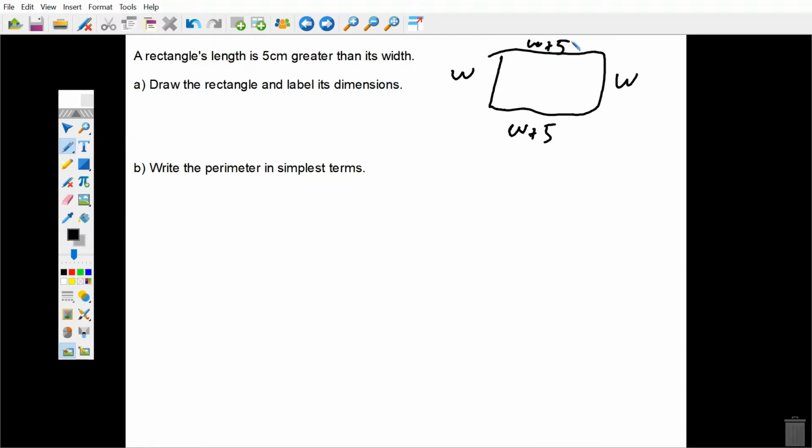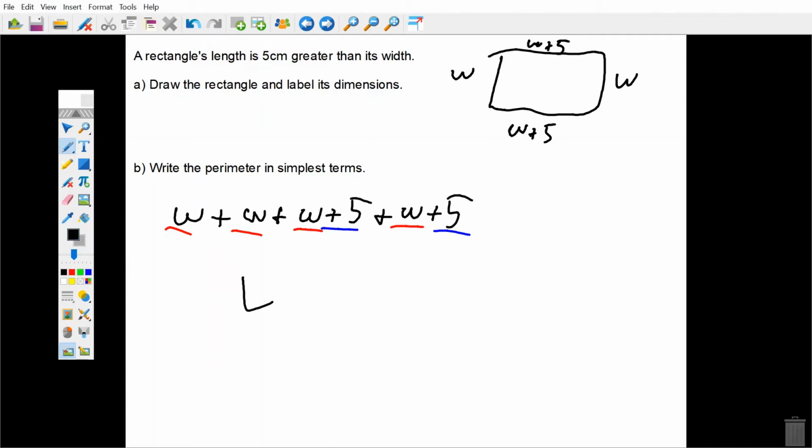Part B says to write the perimeter in simplest terms. We're just going to add up all 4 sides of the rectangle. There's 4 W's there. 1, 2, 3, 4. 2 5s. So the answer should be 4W plus 10.